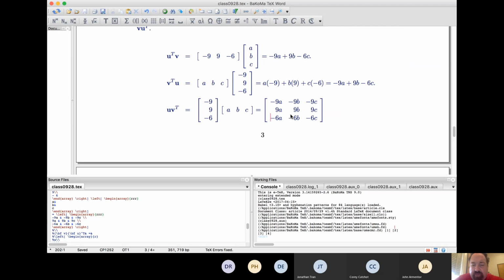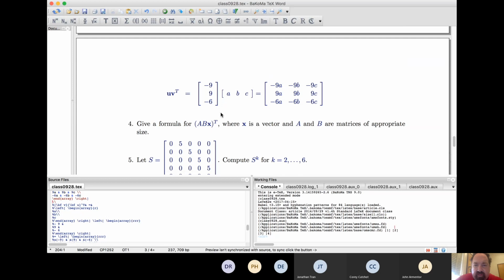Similar view of the columns. The first column is equal to u times a. The second column is equal to u again times b. The third column is u again times c. In fact, I can write it that way.